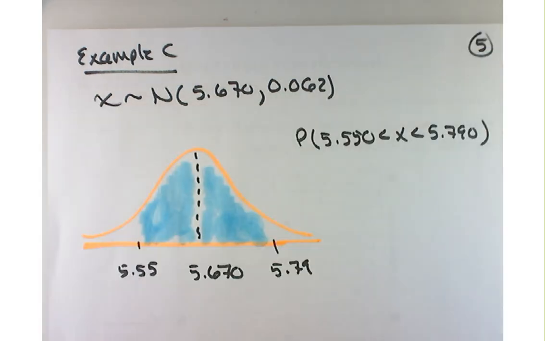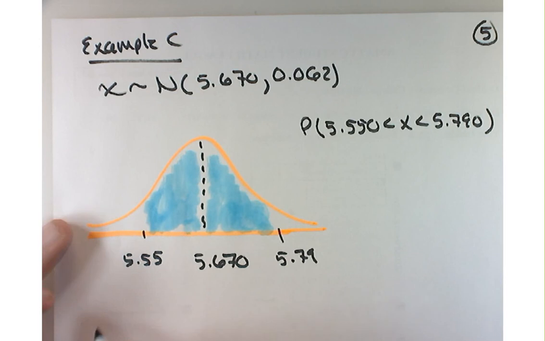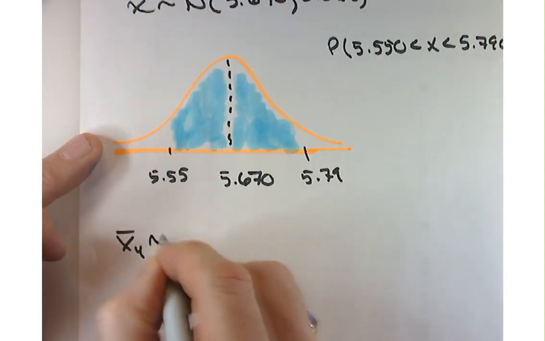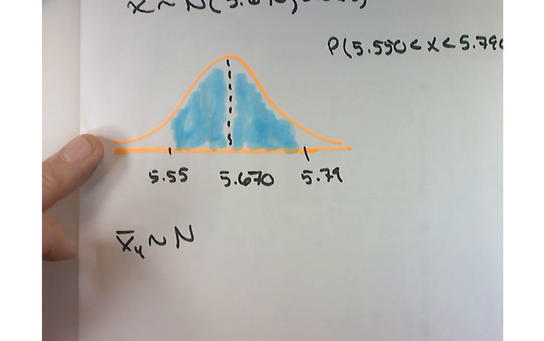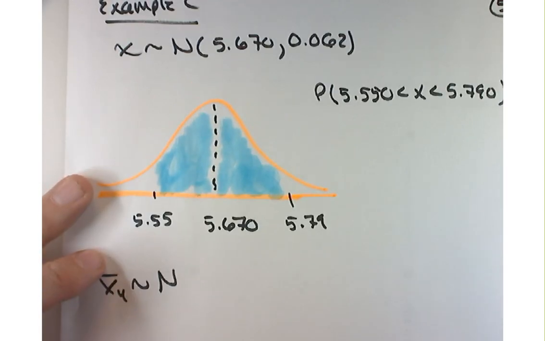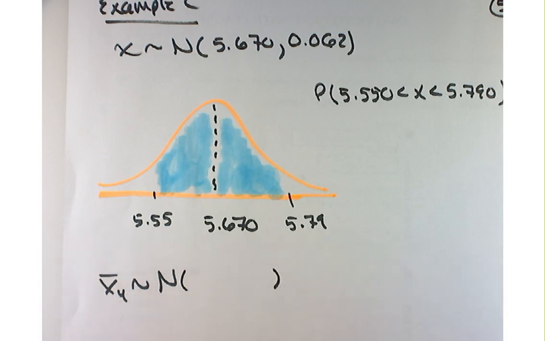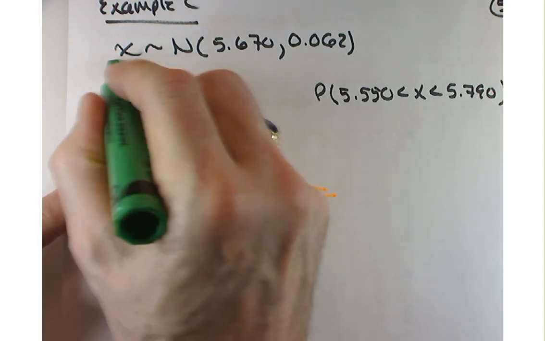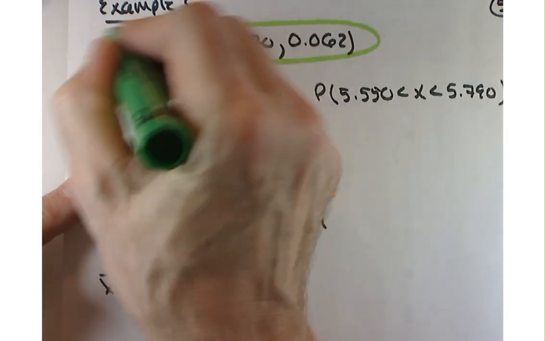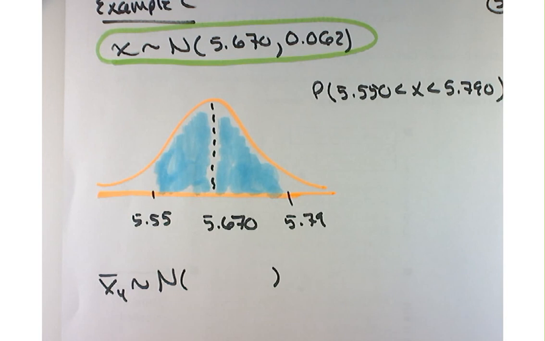So let me draw part 2 of this problem. That's going to be X bar for samples of size 4, and you're going to have to fill in that distribution. What's its mean? What's its standard deviation? Now I'll give you a hint. You should be looking at this distribution right here when you come up with the distribution of the sample mean for samples of size 4.